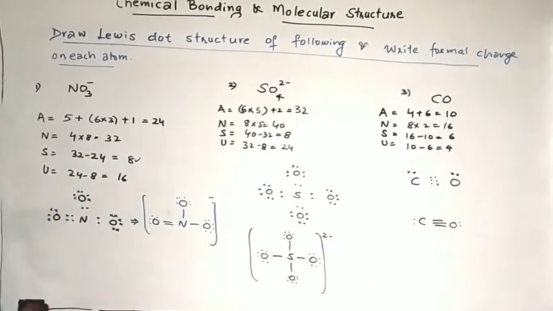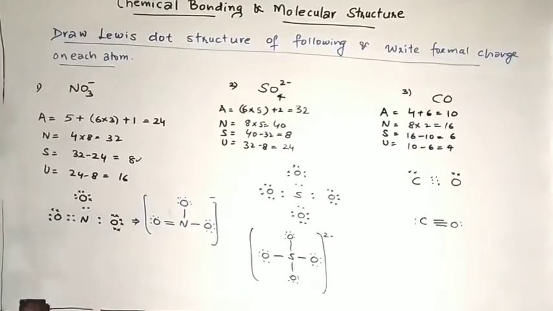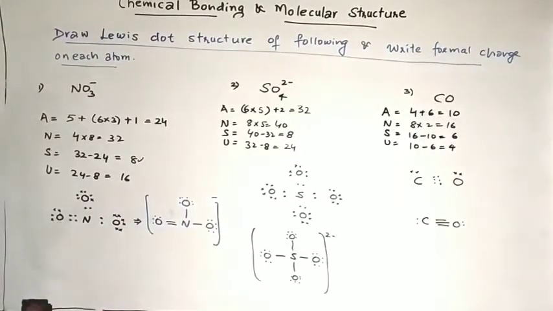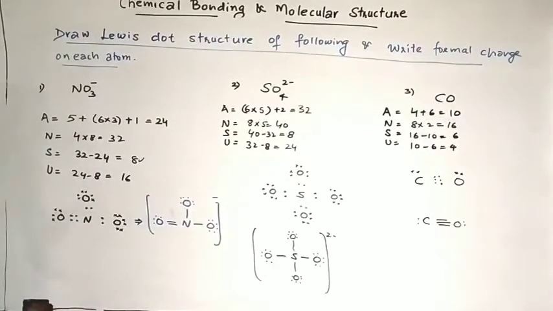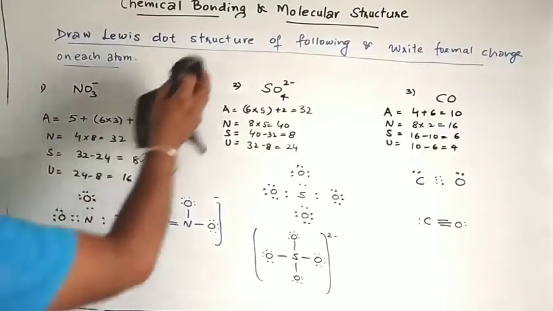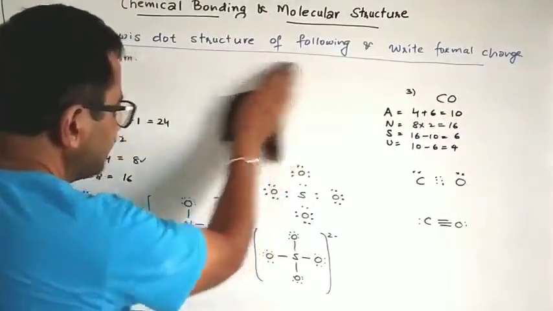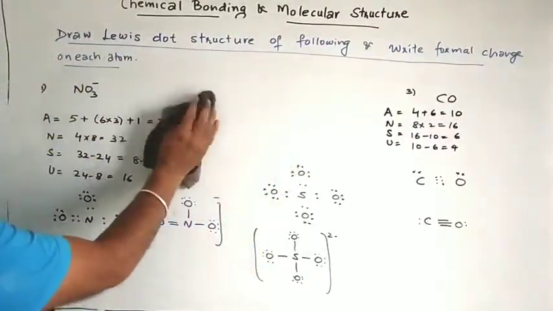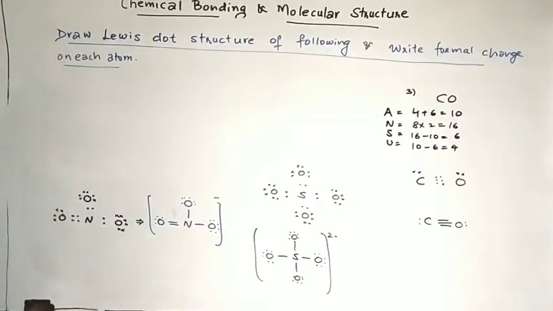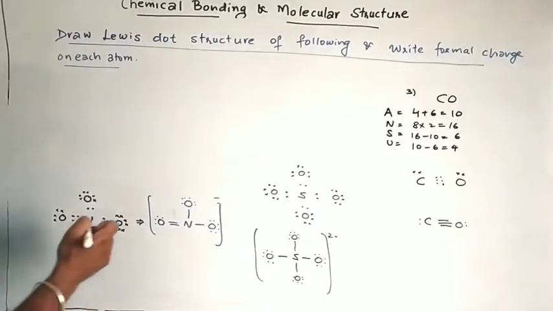Now this is about the Lewis dot structure. Now how to write the formal charge? The conventional method to find the formal charge, I am explaining for nitrate first. First I will explain the conventional method, then I will tell you the trick to write formal charge directly.